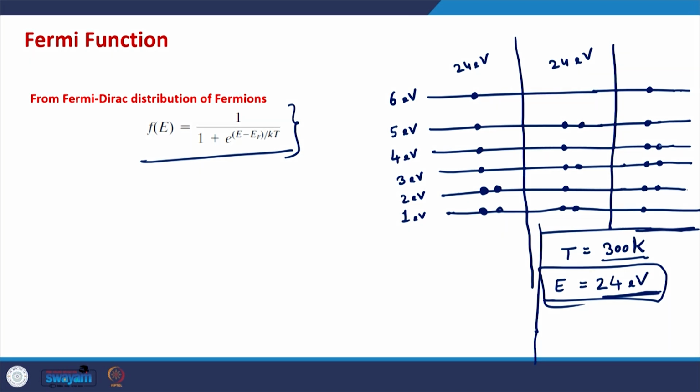So, this could be another configuration of electrons in the energy levels. Okay. So, 8 electrons might have this configuration. So, this is a very simple example.